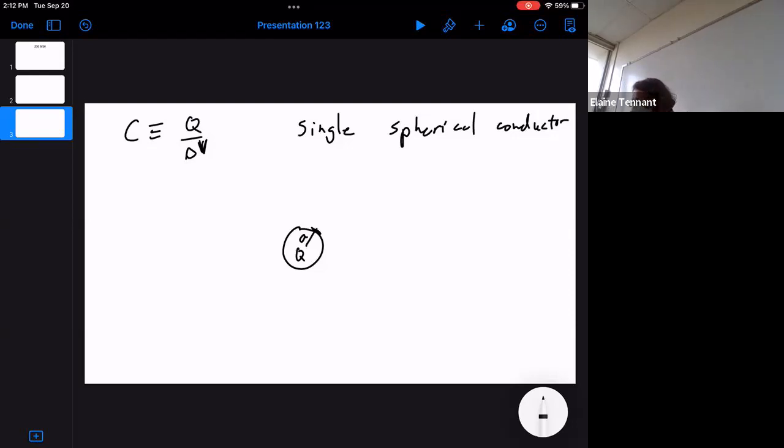Okay, so looking at this, we can figure out the voltage right at the surface. And I feel that we did this last week, where the voltage at the surface of that conductor was KQ over A. Is that okay? Okay, cool.